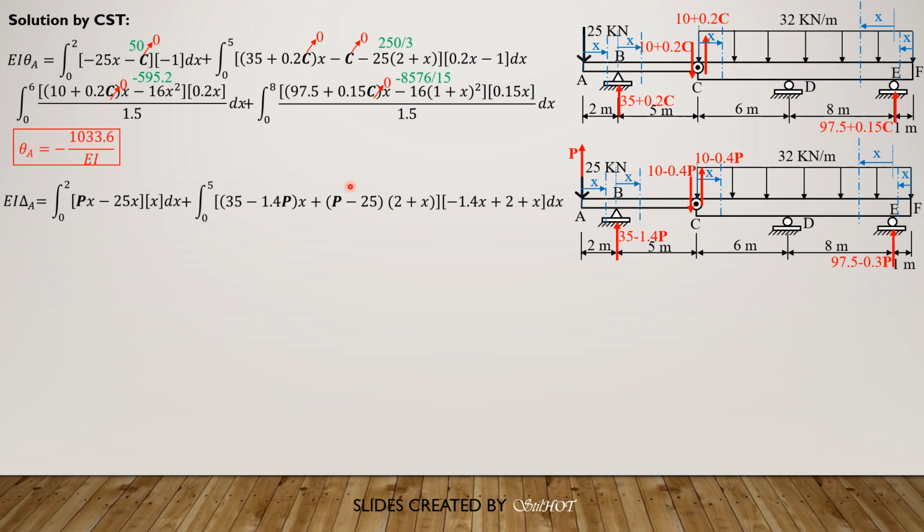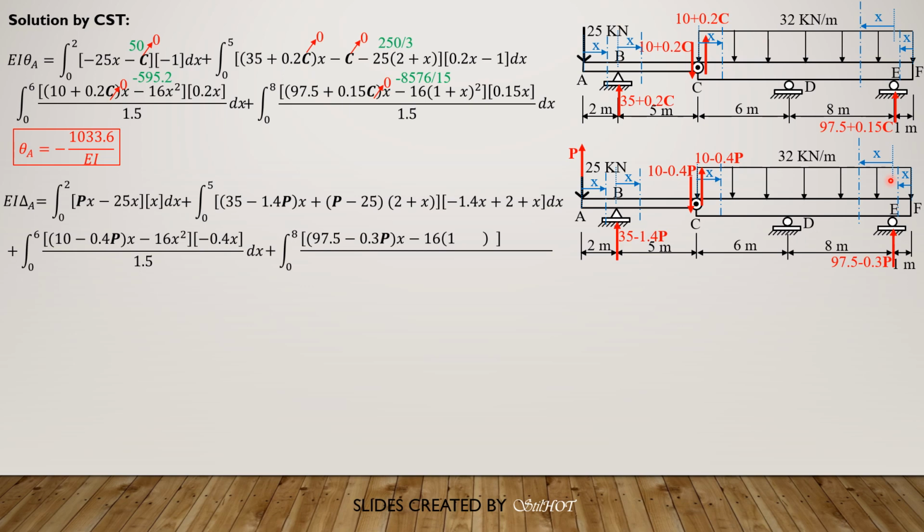For the third integral, the integral of quantity 10 minus 0.4P times x minus 16x squared, the differential is negative 0.4x, divided by 1.5 dx. And for the last section, it is the integral of 97.5 minus 0.3P times x, minus 16 times 1 plus x squared. The derivative is negative 0.3x dx over EI.